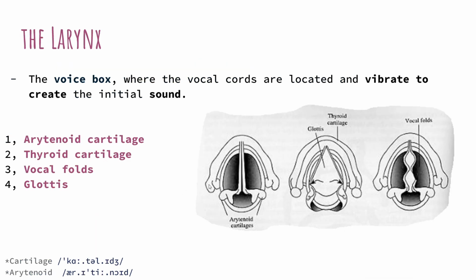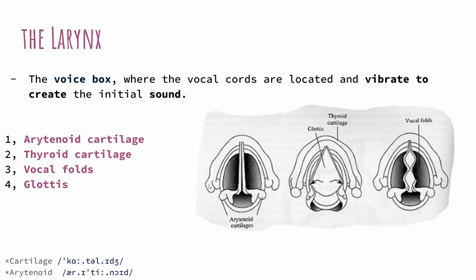Let's look at the larynx. It's also called the voice box, where the vocal cords are located and vibrate to create the initial sounds. By looking at this picture, I would say the arytenoid and vocal folds together look like the shape of a scissor, where the arytenoid cartilage looks like the handles of the scissor, and the vocal folds look like the blades.